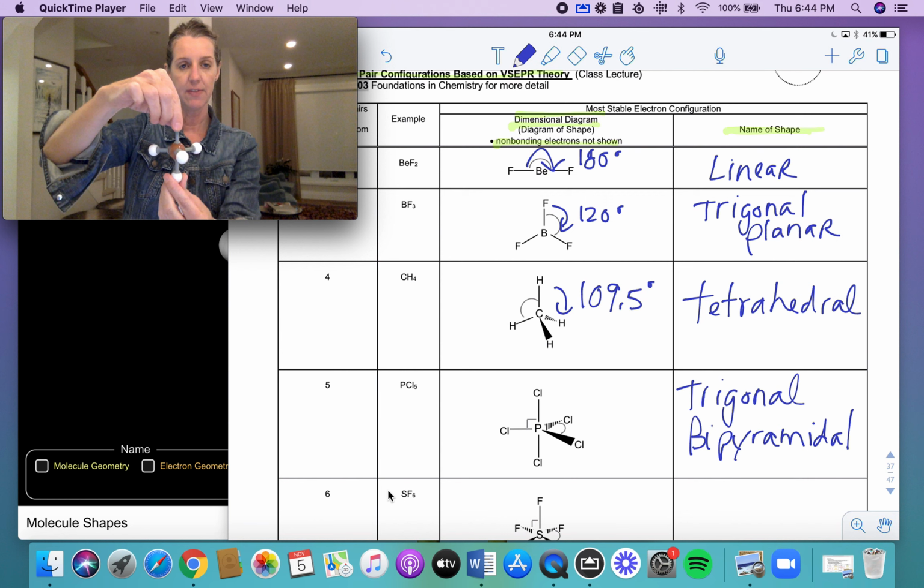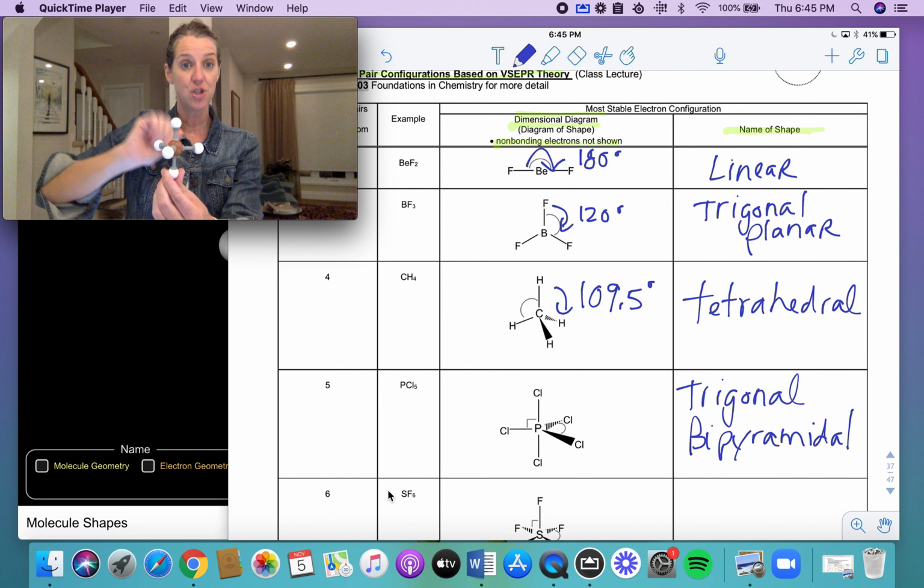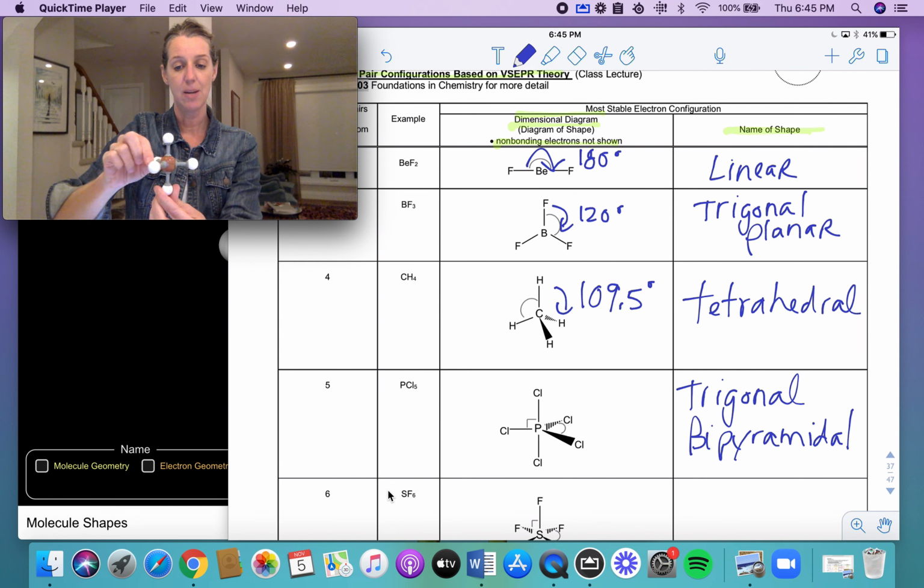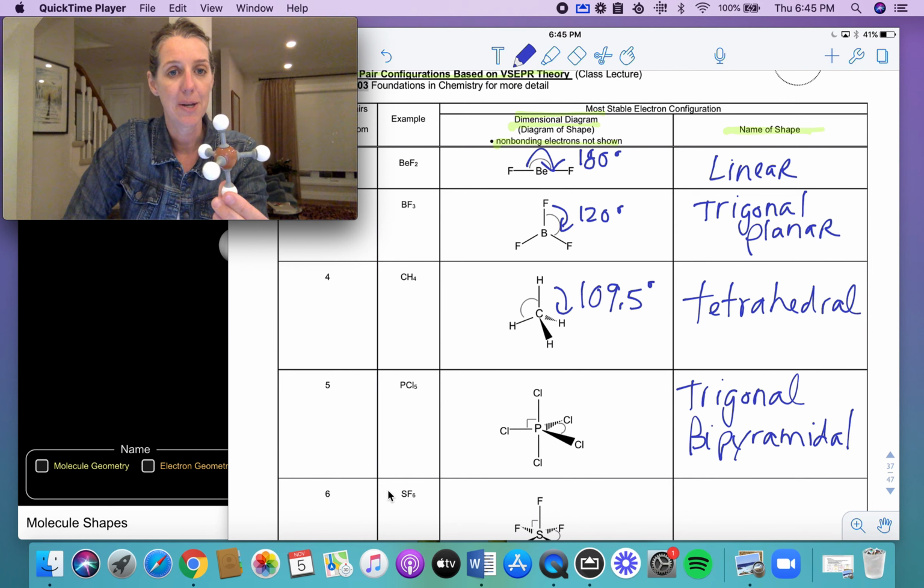So if you think of it like this, with 3 on one and 2 on the other, there are 2 pyramid shapes, and they're in the shape of a triangle, because that's the shape you will get. You'll have 3 things on one plane, 2 on the other, 5 things bonded to the center atom, trigonal bipyramidal.